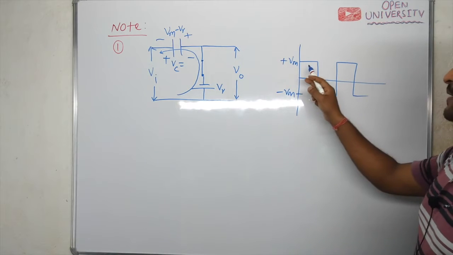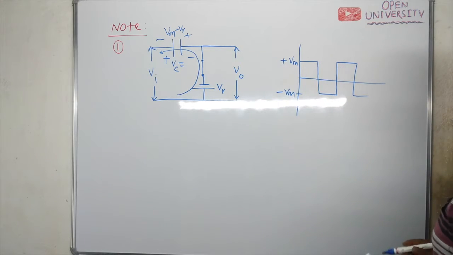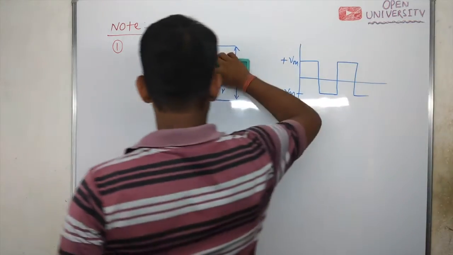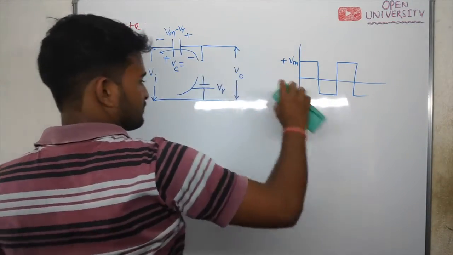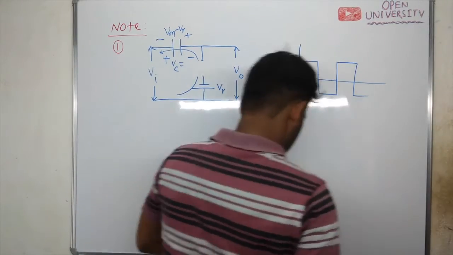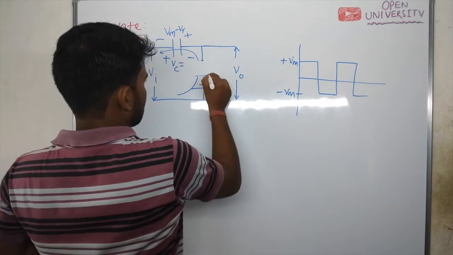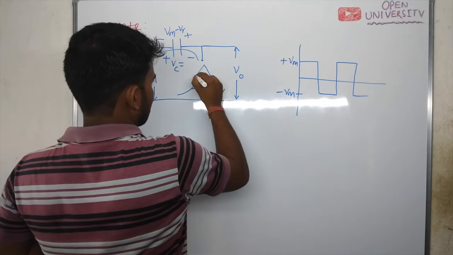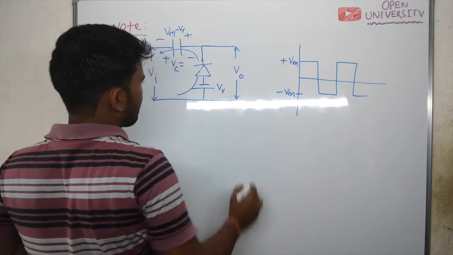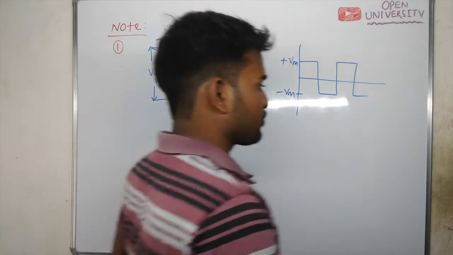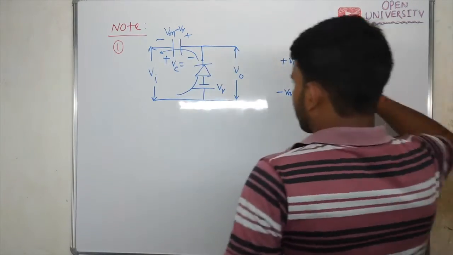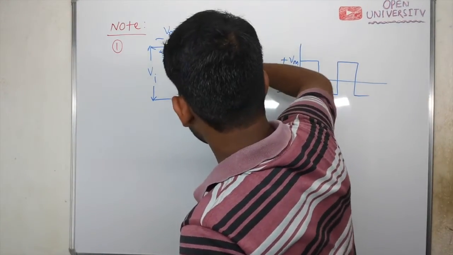Now during the positive half cycle, when Vi becomes positive, then diode becomes reverse biased and it will be replaced with open circuit.